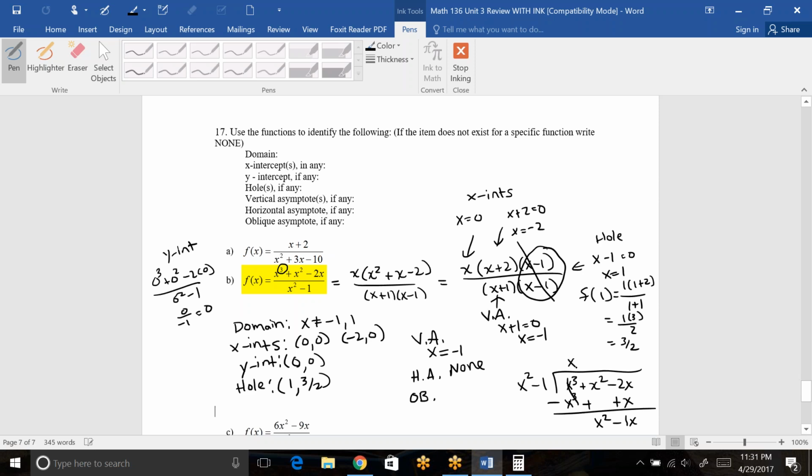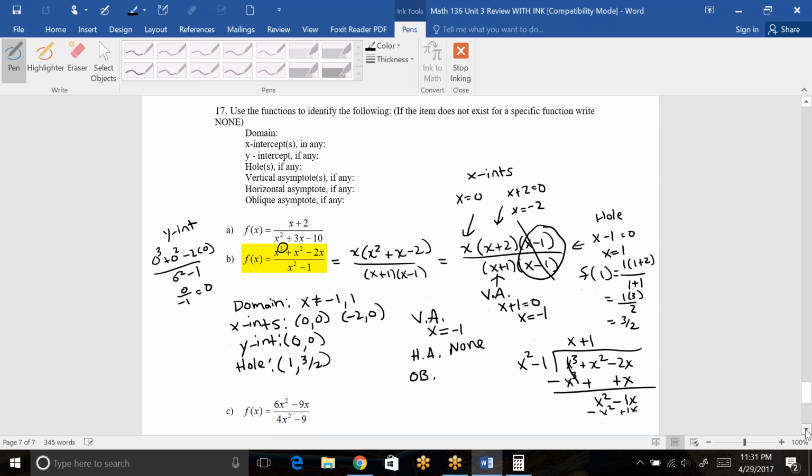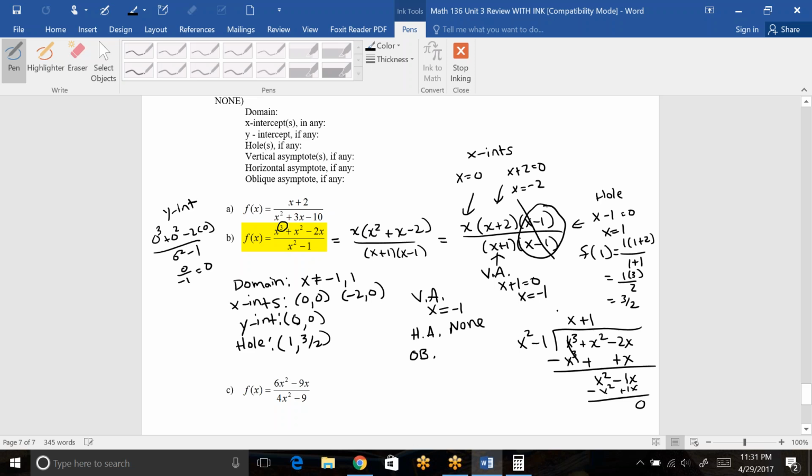And then x squared goes into itself exactly once. You do need to write that. And that would be minus x squared and plus... actually no, that's not a 1x, that'd be a +1. So that is -1x plus 1 is the leftover.